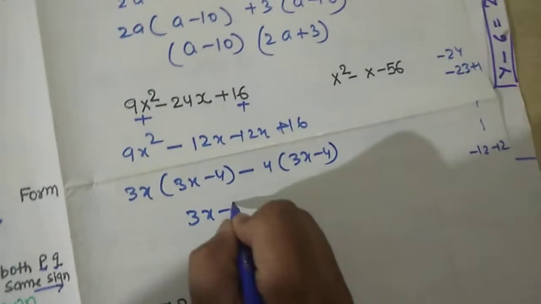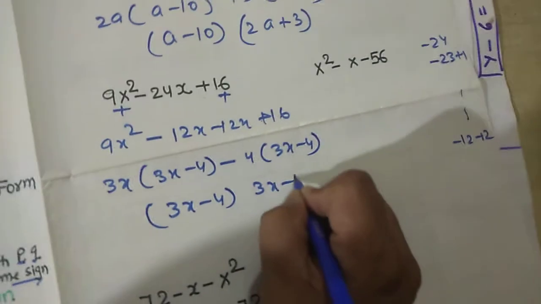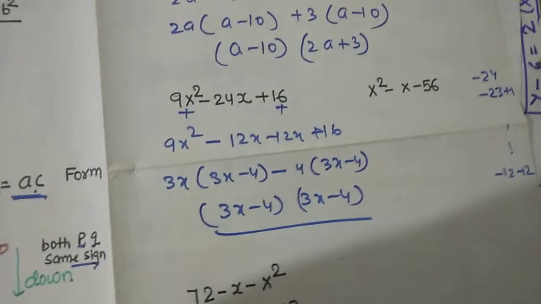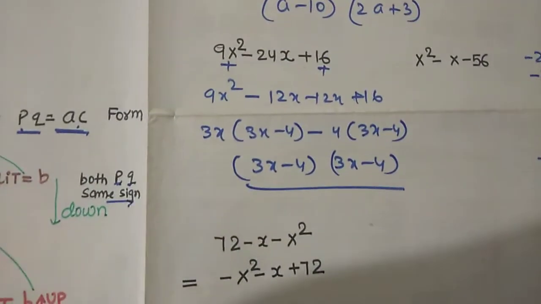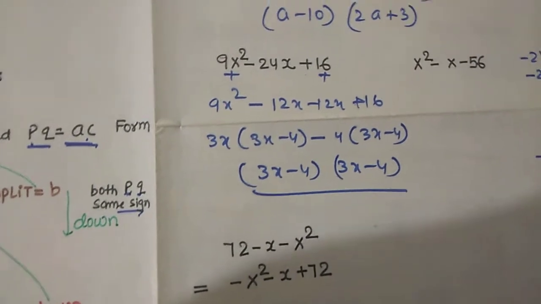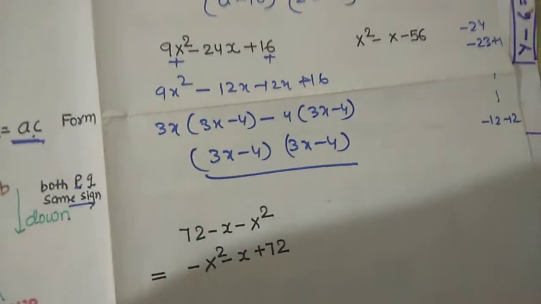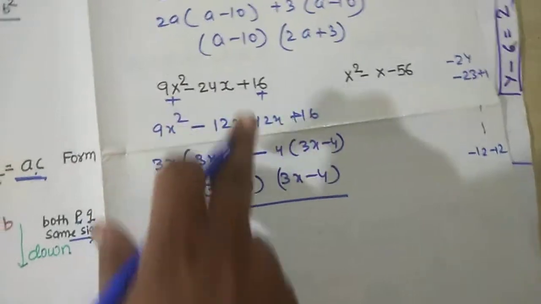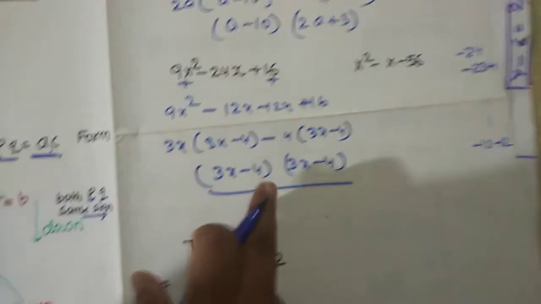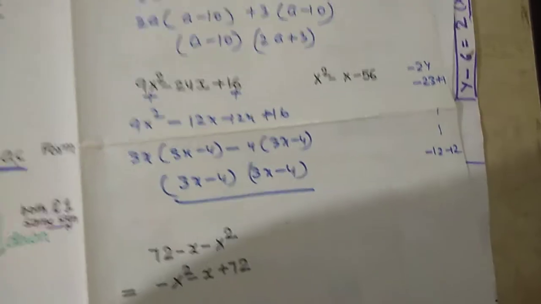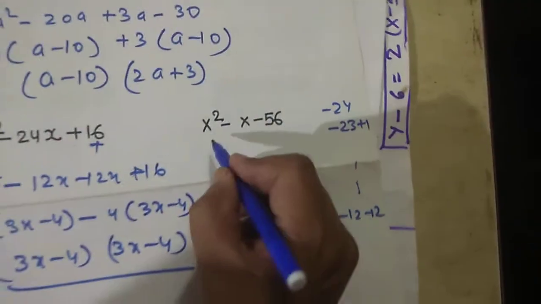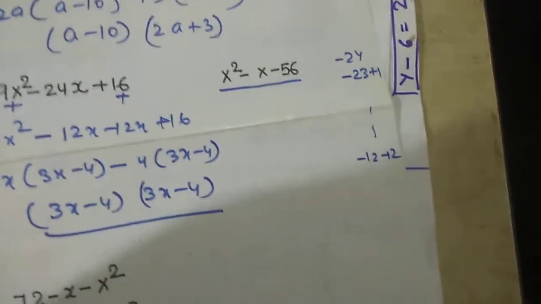So 3x plus 4 times 3x plus 4. This is the a plus b whole square also, but tentatively I have given it in middle term splitting. So it will be a perfect square also, and a perfect square can be solved by middle term splitting also. Now my dear friends, these two are your homework.